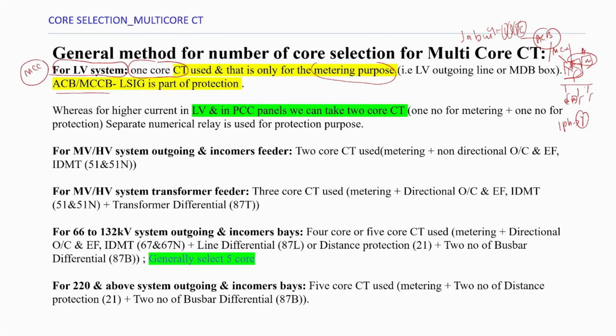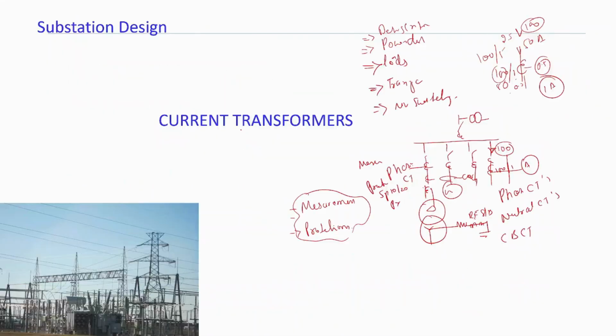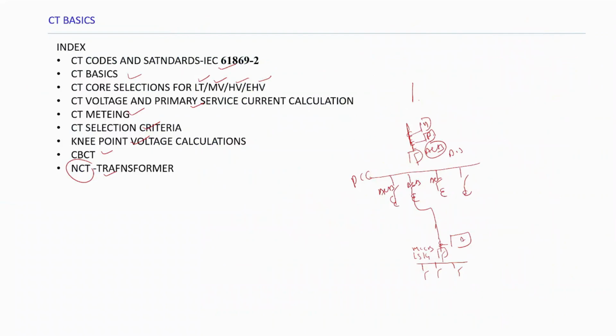Whereas in an LV PCC panel, we can take a 2 core CT, one for metering and one for protection. A separate numerical relay is used for the protection purposes. So one is for the ammeter, another for protection. That is what it is all about.